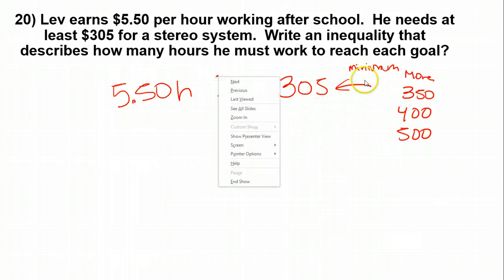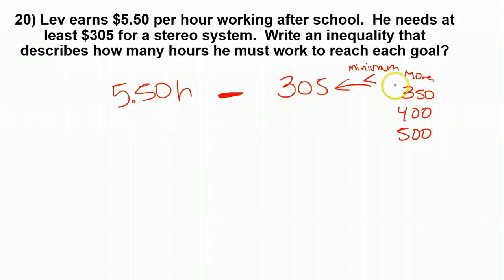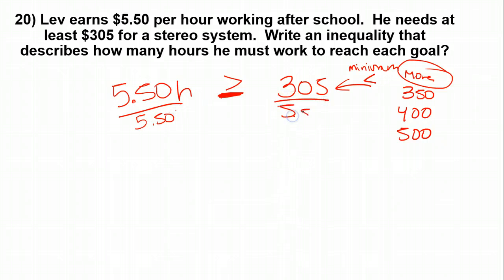So a lot of students, when they think minimum, they think, oh, I'm going to put less than. Remember, it can be more. I'm actually going to use the more than or equal to. And if I actually solve this out, that would be 305 divided by 5.50, and I could find out the number of hours he'd have to work bare minimum to get that stereo system.